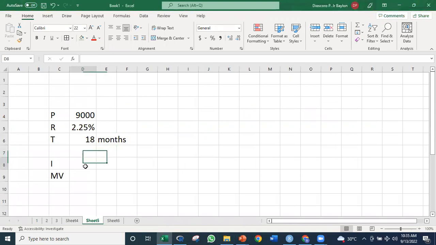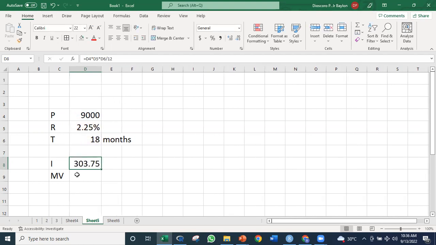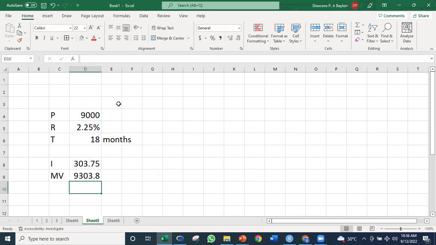Okay, so we know how to compute the interest. It will simply be the principal times the rate, times the time. So 18 months, we have to divide that by 12 to convert it into years. So this is your interest. And then the maturity value will simply be the principal plus the interest.